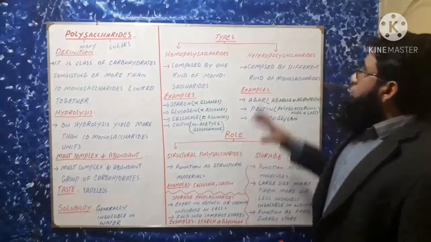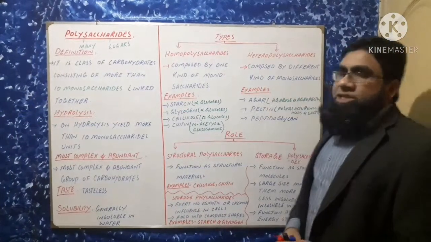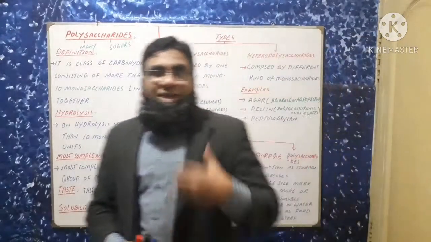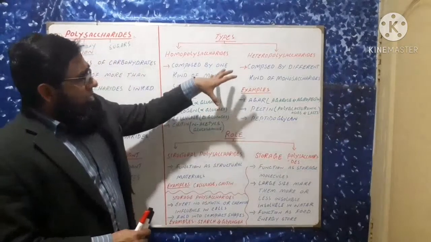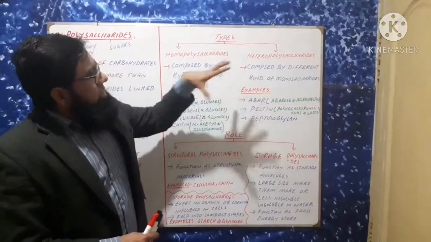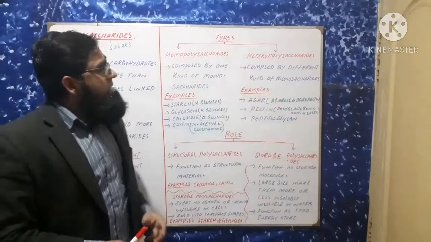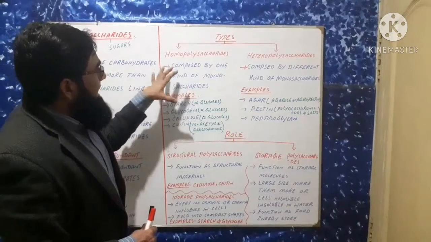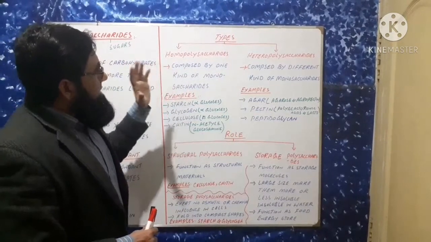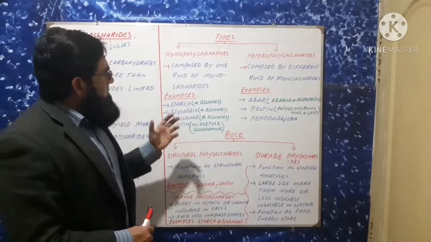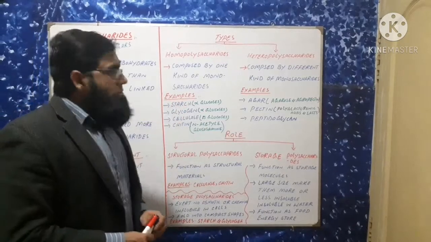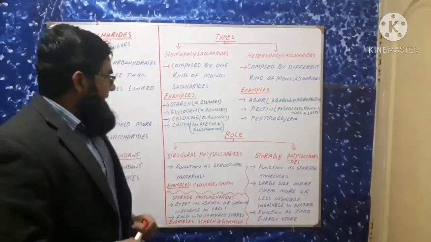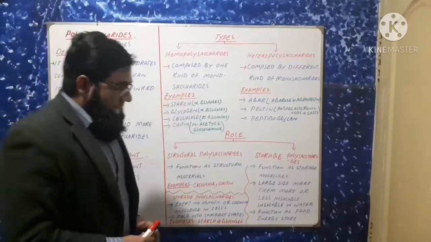And heteropolysaccharides are those polysaccharides which are composed of different kinds of monosaccharides. If different kinds of monosaccharides are present, the polysaccharides are called heteropolysaccharides, and if one type of monosaccharide is present, then these are called homopolysaccharides.